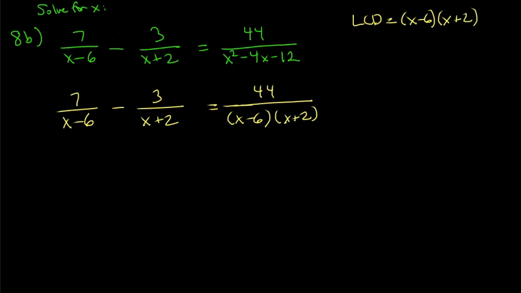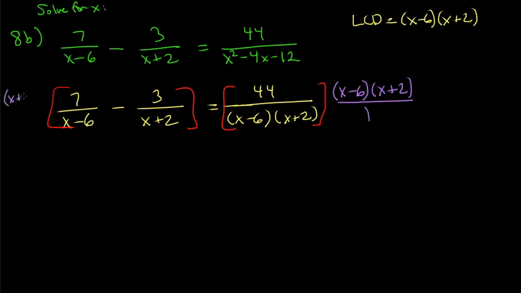So if you want to get rid of all the denominators, I would just multiply both sides by the LCD, in this case x minus 6 times x plus 2. But again, only in the numerators. You're not doing top and bottom here. So only in the numerators, right? You're just distributing the numerators.